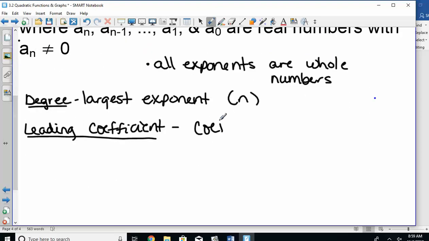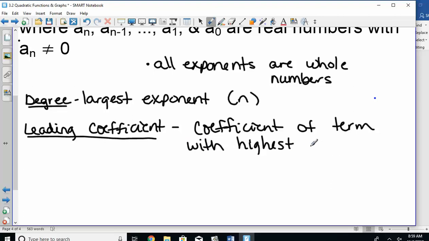It's the coefficient of the term with highest power. So, in this scenario, it would have been that a sub n. Again, doesn't have to be the first one you see. Could be, doesn't have to.